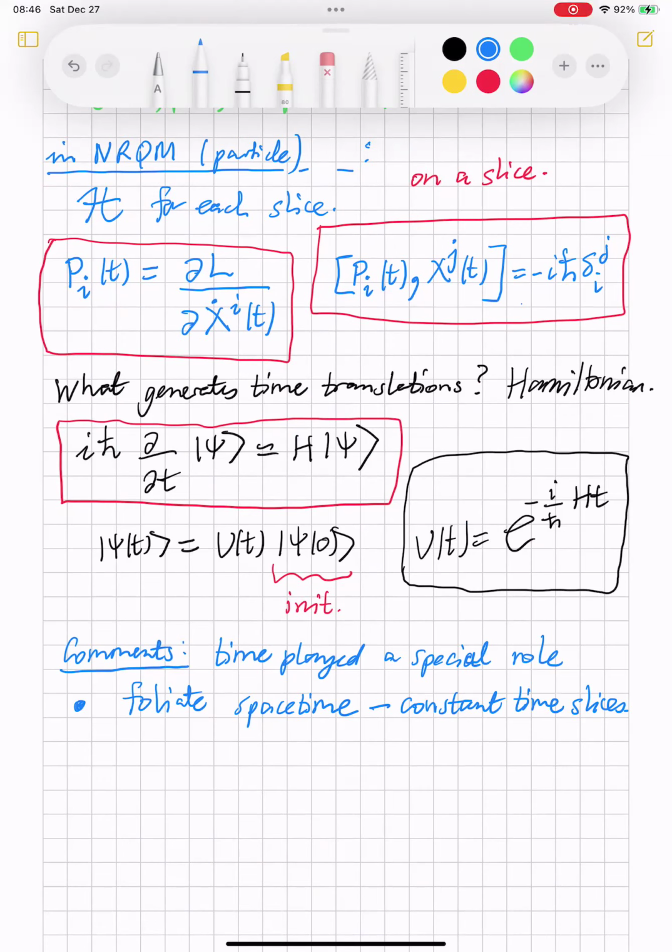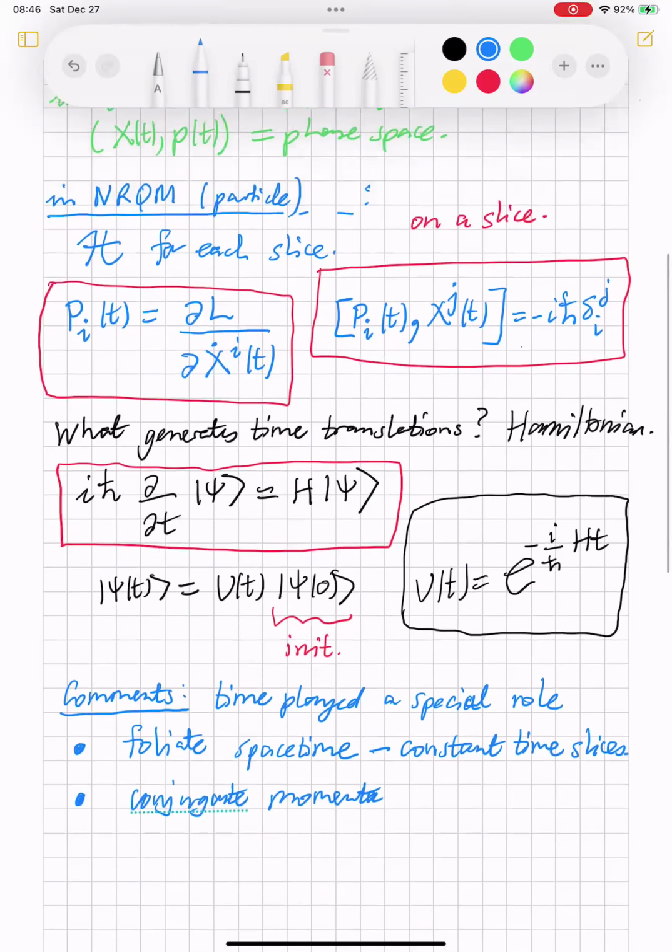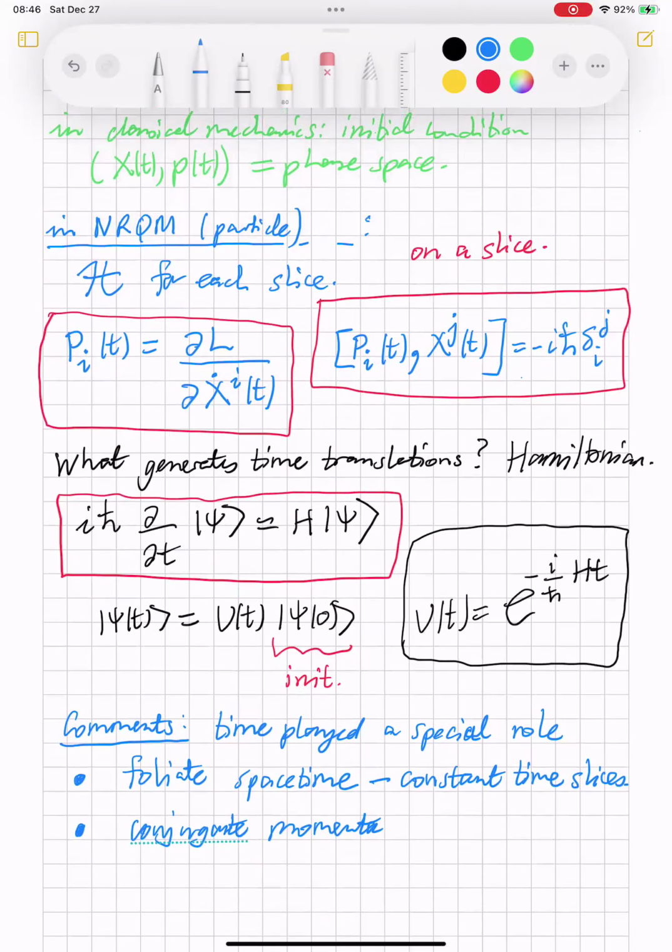The next thing that time allowed us to do, we were able to calculate conjugate momenta. So let me just remind you. That, for example, was this equation: pi_i(t) is equal to dL/d(x dot_i)(t). So this was an equation that held on a specific slice.